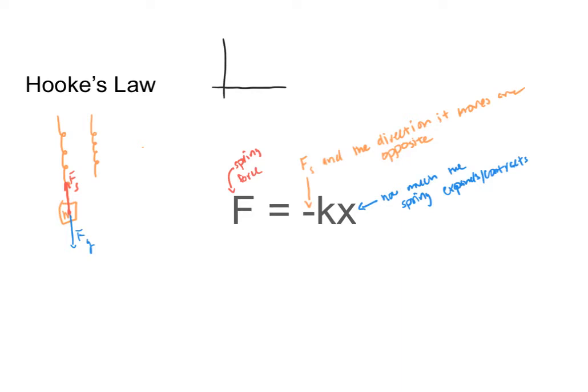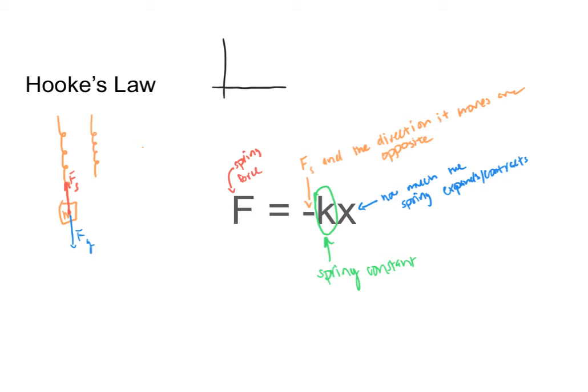The last thing I want to talk about is this k here. k stands for the spring constant, and it is what we call a proportionality constant between x and our force. So k has a bunch of different pieces of information added into it. The few things that can affect k are the size of the spring, how big the circles in the spring are, each loop, how thick the wire is, and what material it's made out of.